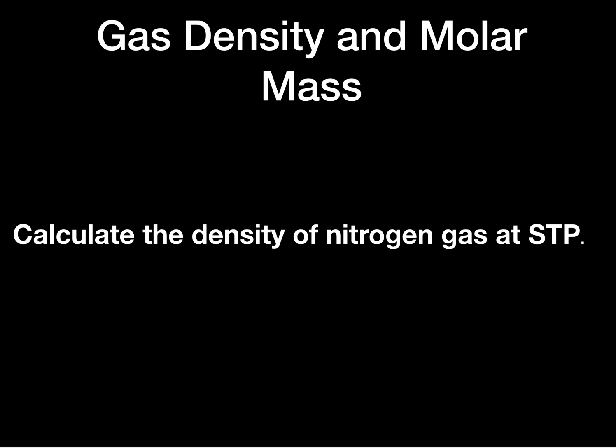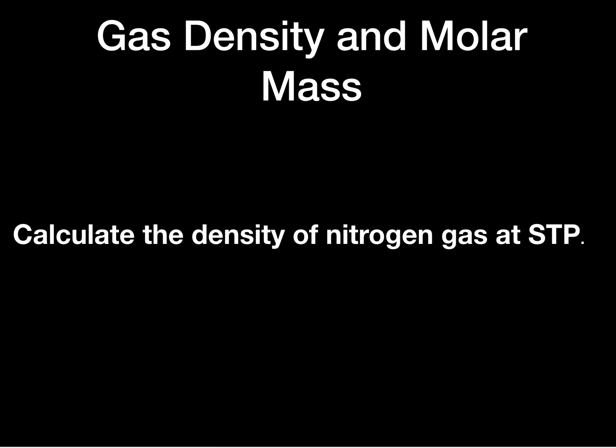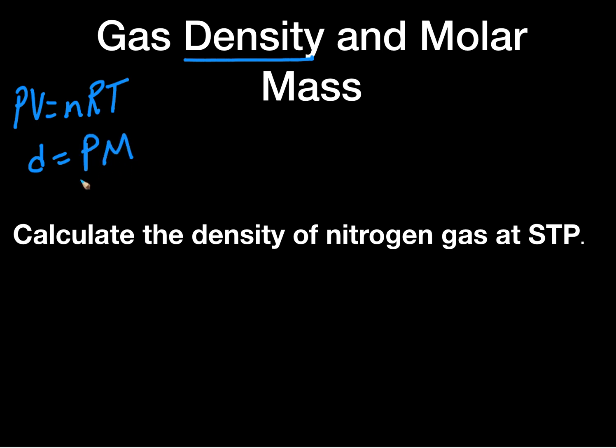So once again, we know our ideal gas law is PV equals nRT. Now, if we wanted to solve for density, density equals PM over RT.